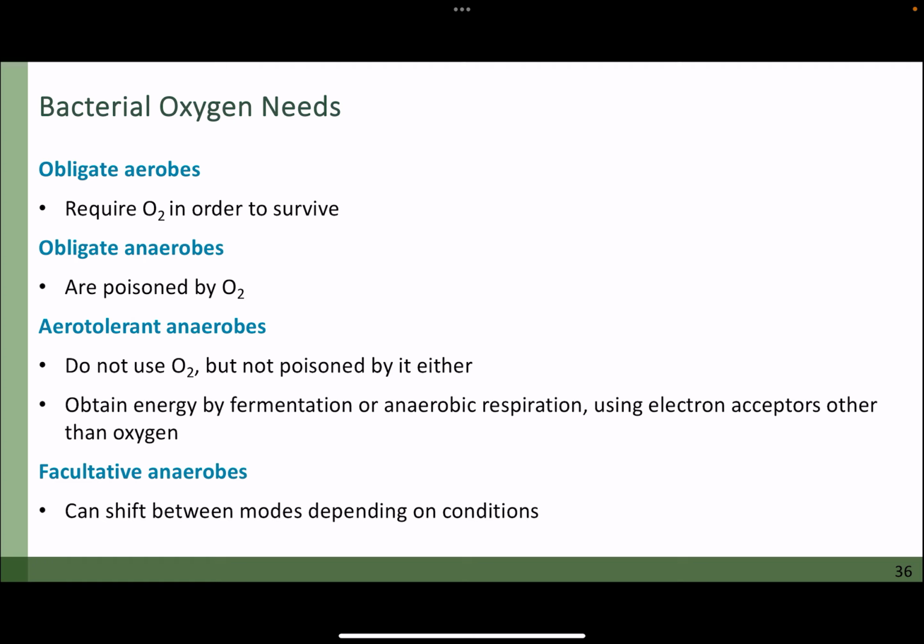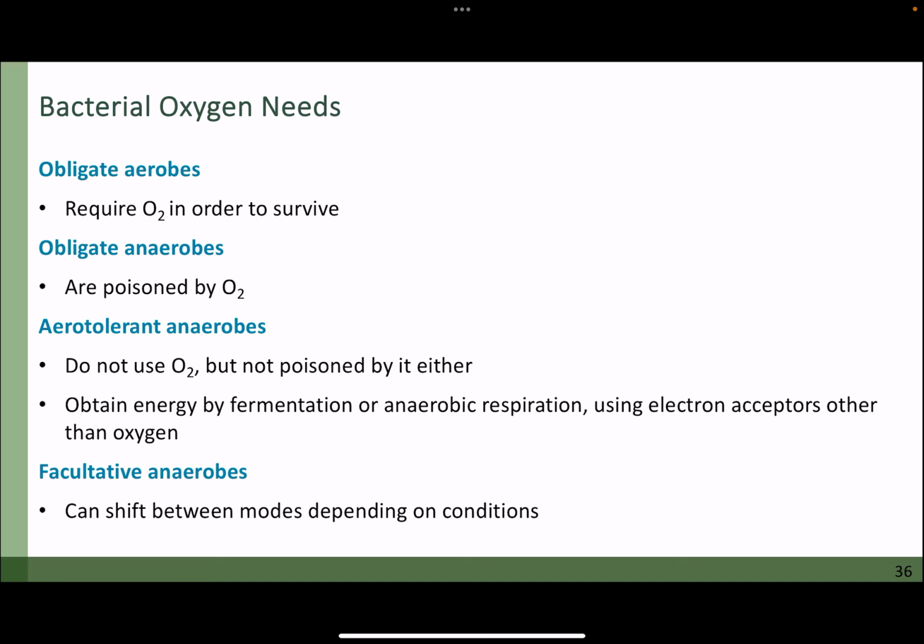So we are aerobic organisms. Early in life history, we talked about how there was very little oxygen on early Earth, and so most of the early organisms were probably anaerobes, which did not utilize oxygen. Then aerobic organisms came later when we had cyanobacteria releasing more oxygen into the environment.